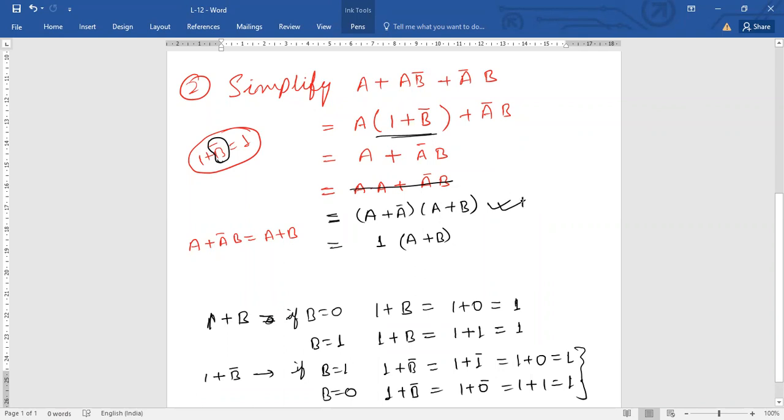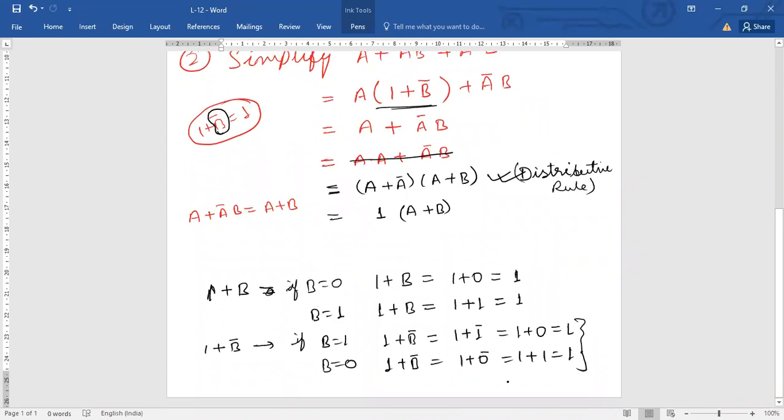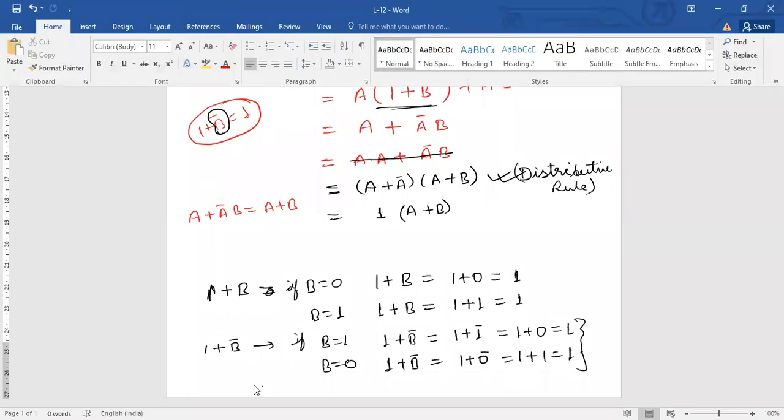We have used the distributive rule or law. Okay, is that fine? Now, okay sir. Let us go to the next page.